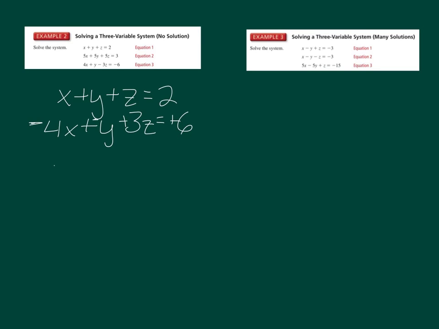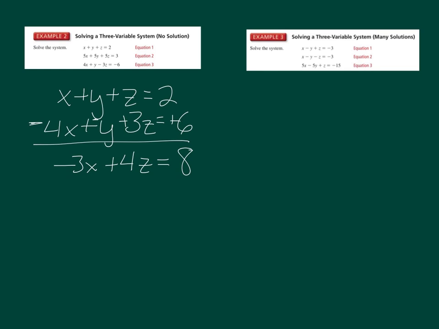So x minus 4x is going to be -3x. The y's are going to cancel. Z plus 3z is going to be plus 4z is equal to 8. Now that one doesn't look any different, but look and see what happens when I combine equation 1 and equation 2.